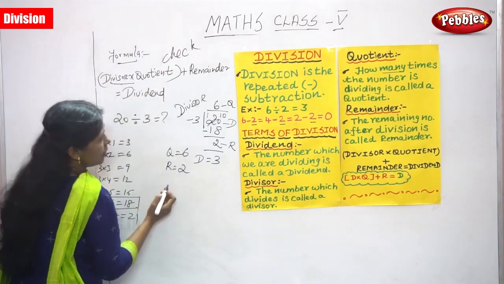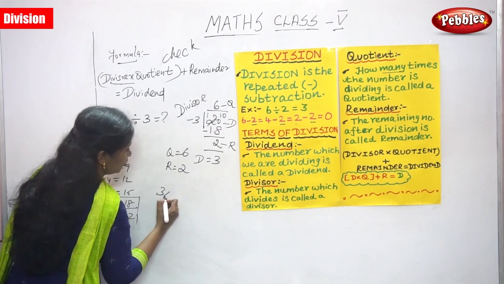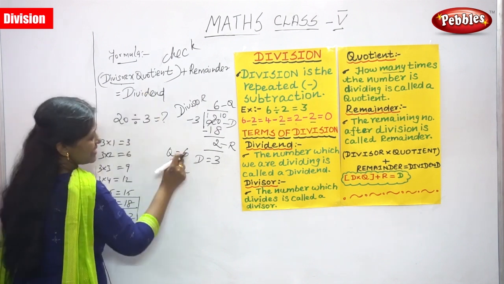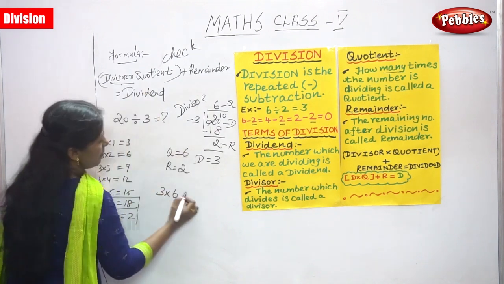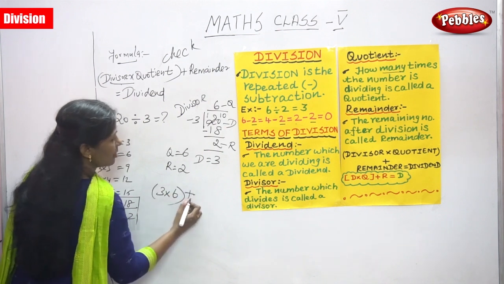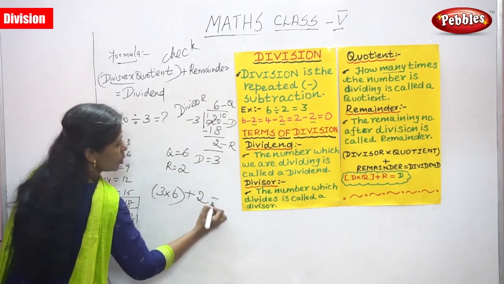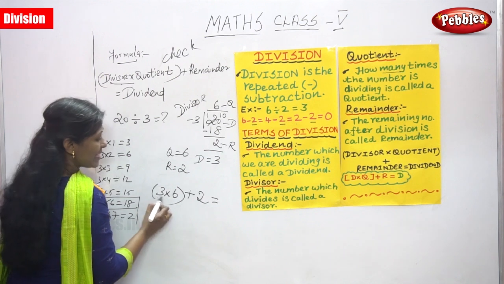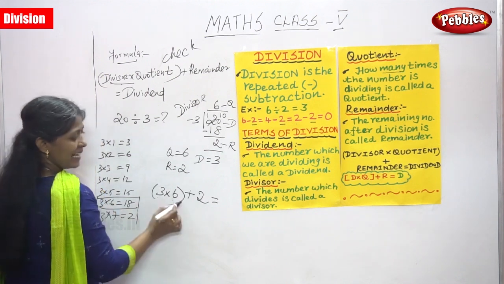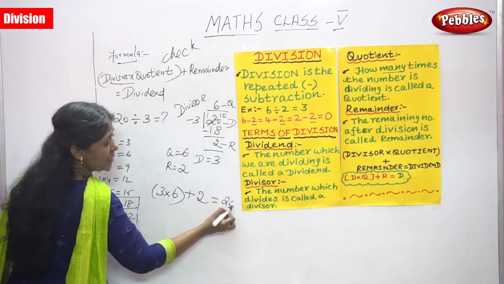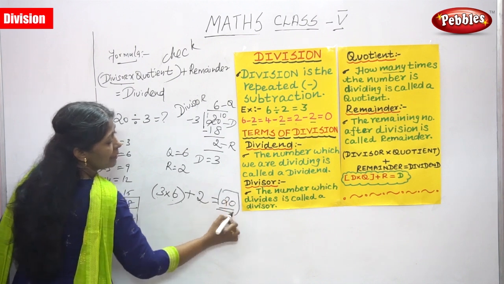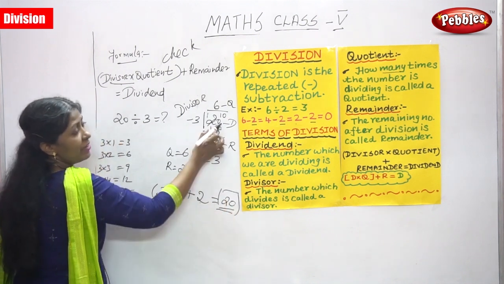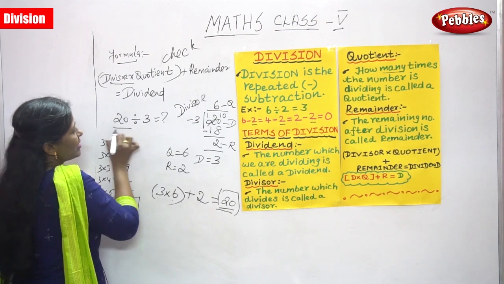So the divisor is 3 into the quotient 6, plus remainder 2 is equal to, you have to write the answer. 3 into 6 is 18. 18 plus 2 is 20. You will get the dividend 20, because the question is given.